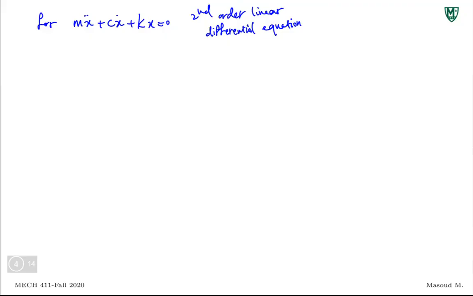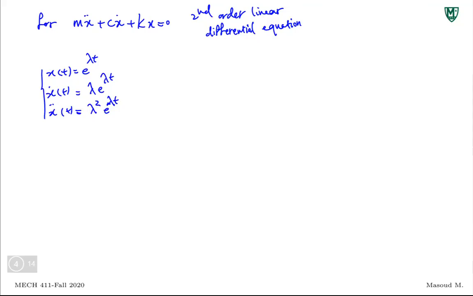So the way it works is that, let's say I guess x(t) is equal to e to the lambda t. Lambda is a constant. Different books use different constants. It's just a constant. So x dot(t) becomes lambda e to the lambda t, taking the derivative with respect to time, and x double dot(t) becomes lambda squared e to the lambda t.